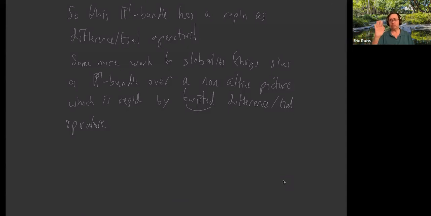This is called a Z algebra in the literature. So you get this P1 bundle over your affine picture, and then given two such affine things, you take an isomorphism between the algebras on the intersection to glue it together. That gives you something which is very much a twisted sort of operator.